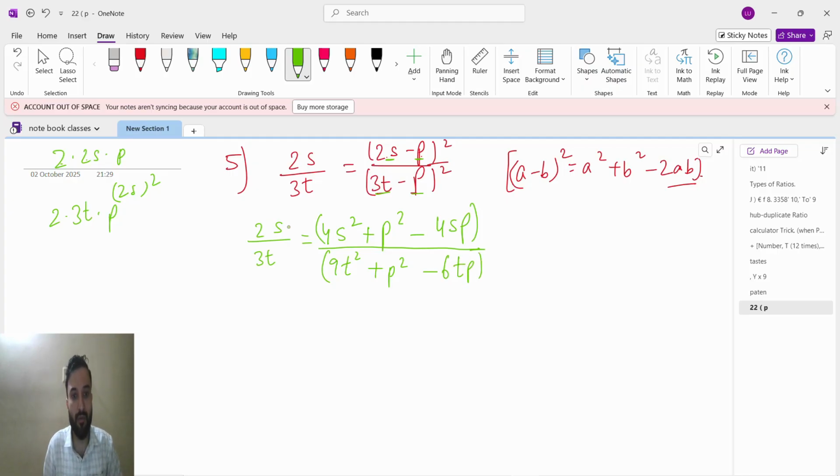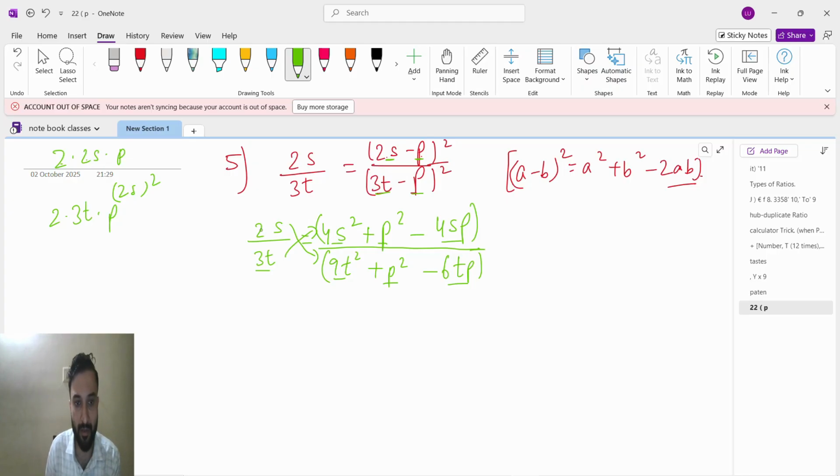Okay, now we know, guys, we will do the cross multiplication. After cross multiplication, we get 2s into 9t square, 2s into p square, and 2s into the last term, then 3t into each term: 3t with 4s square, 3t with p square, and 3t with 4sp. Cross multiplication means this will multiply with all, this will multiply with all.